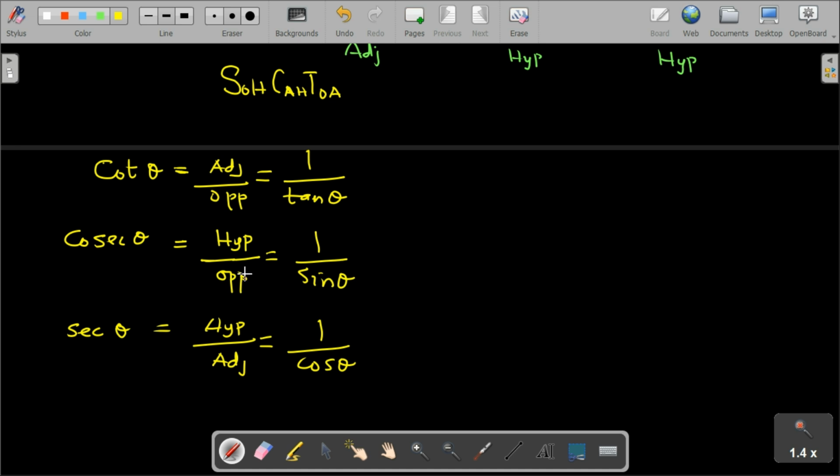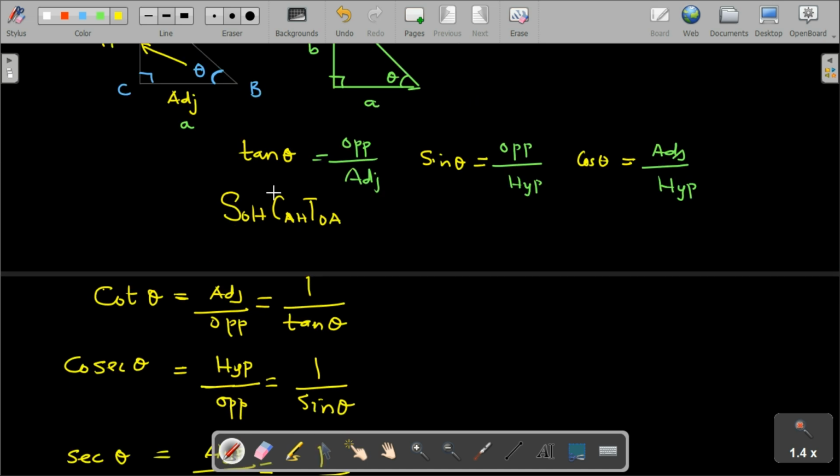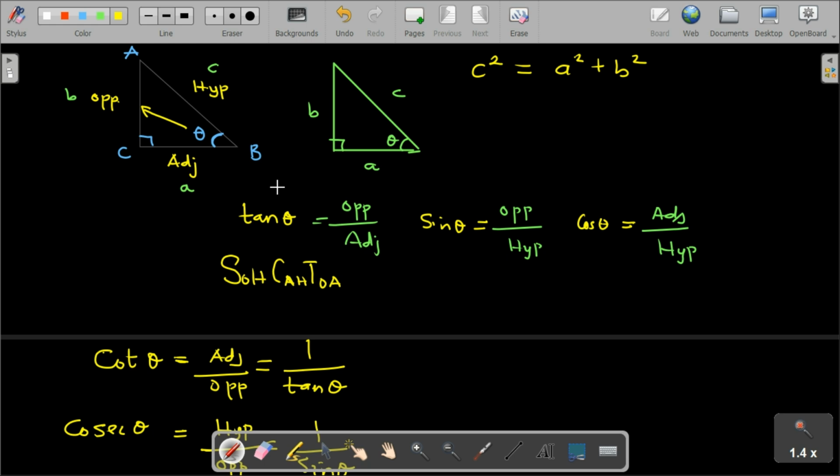So these are the other possible combinations for a right angle triangle that we could have. Now, using this same triangle, we could get the value of tan theta.